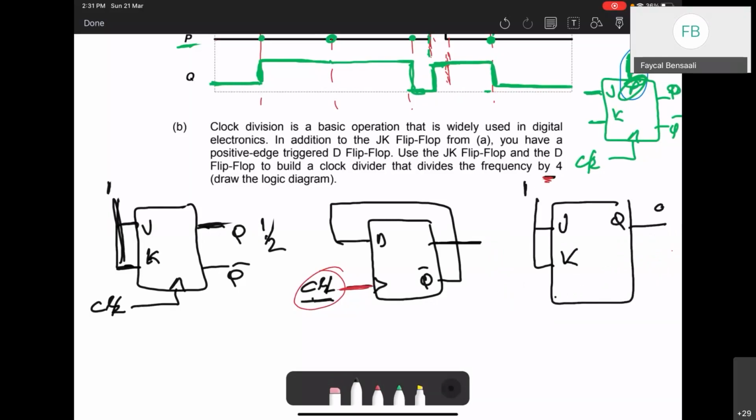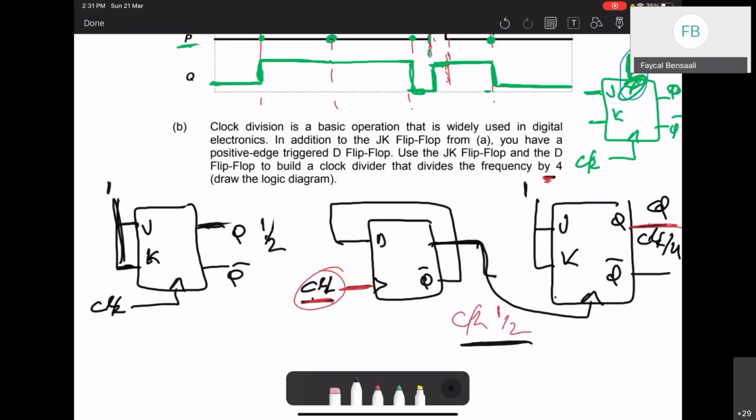This is Q bar, and we just connect this to the clock. If this is the original clock divided by 2, then this will be this one divided by 2, which means it is the original clock divided by 2 twice, which means it is the original clock divided by 4.